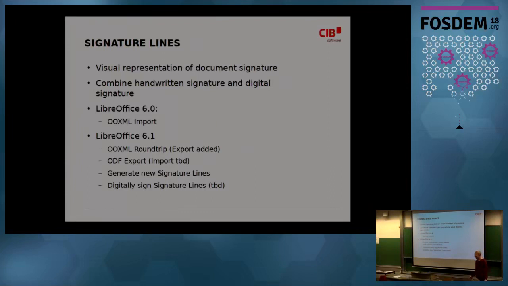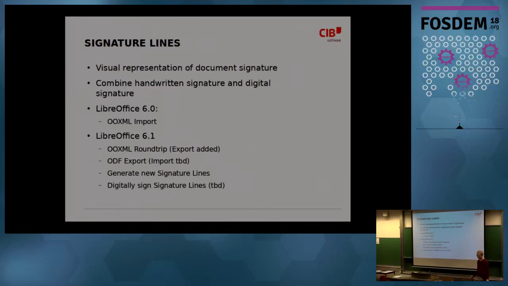So what's working there? Since LibreOffice 6.0, the OOXML import is working. This is the only thing I can show now because I don't have the master build on this laptop, sorry. And in the current master build, there is also full OOXML round trip working, so you can save them again.